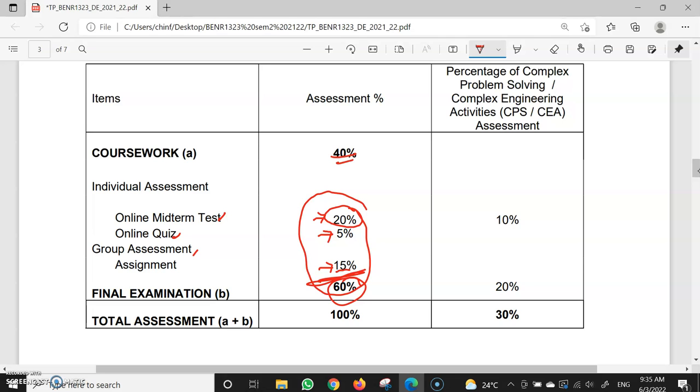I hope you know that we have a percentage of complex problem solving, which means increasing high level thinking problems. These are questions that you have to really think about, rather than solve directly. In the midterm test, we include 10 marks of it, and in the final exam, we include 20 marks.